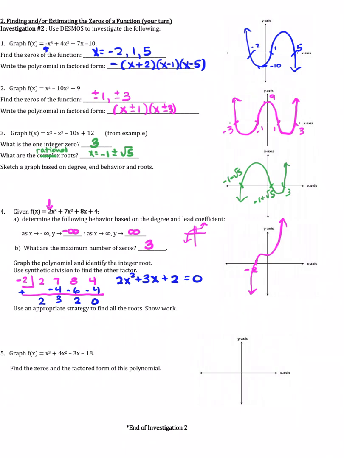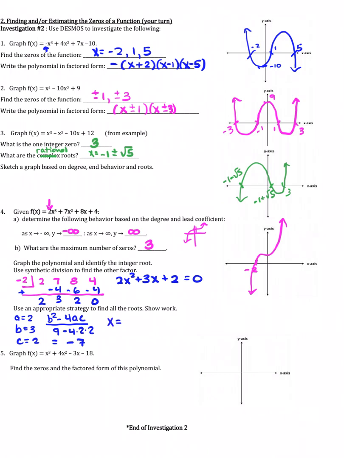And to find the roots there, now I am going to use the quadratic formula, where a is 2, b is 3, c is 2. I always do the discriminant first. We expect it to be negative. So 9 minus 4 times 2 times 2. So 9 minus 16 is a -7.